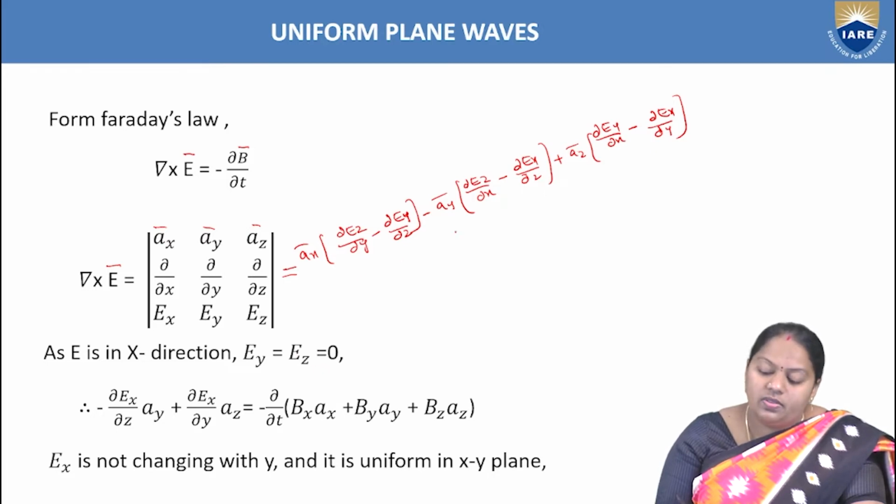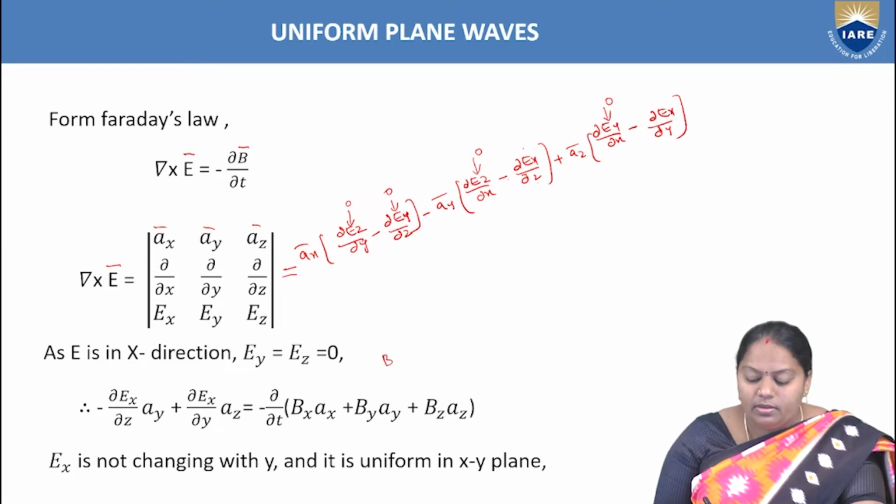The components of Ey along with Ez tend to 0 upon expansion of this del cross E. So the two terms left are, minus of minus becomes plus, Ay into ∂Ex/∂z, then minus Az into ∂Ex/∂y. Right? These two components are equal to minus ∂/∂t of B.